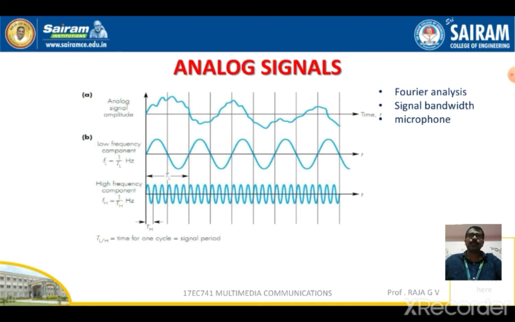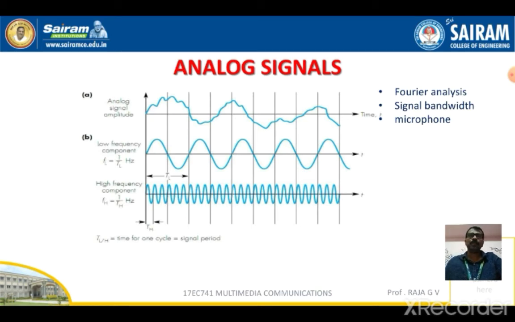In addition to that, a mathematical technique called Fourier analysis is used to show that any time varying analog signal is made up of possibly infinite number of single frequency sinusoidal signals whose amplitude and phase vary continuously with respect to time and relative to each other.